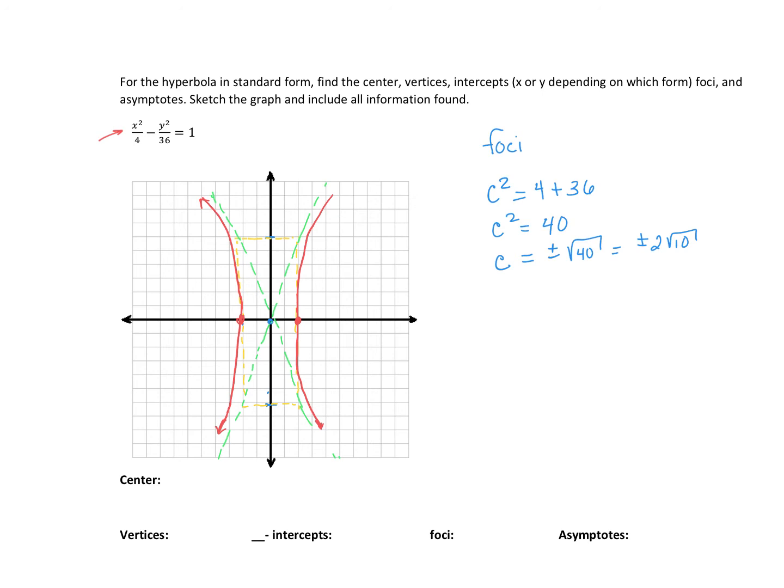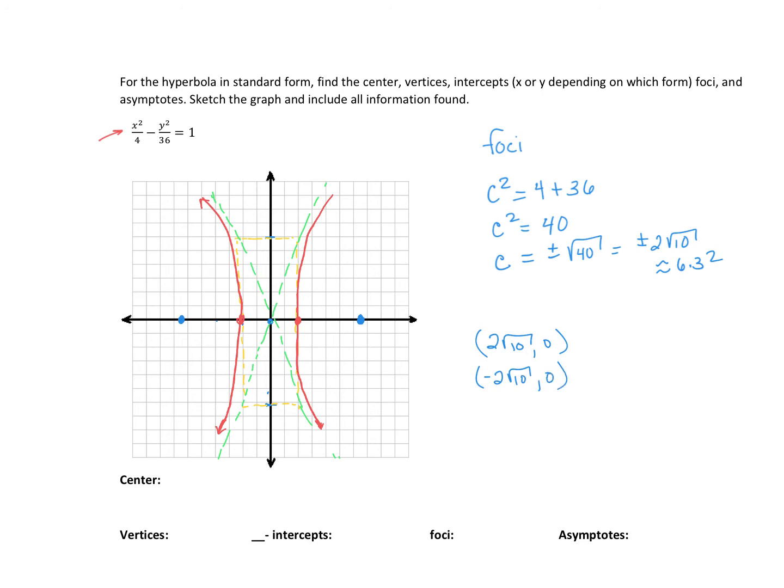And the square root of 40 is about 6.32. So we can say that our foci are here and here. If you wanted to know what these were, it's going to be 2 root 10, comma 0, and minus 2 root 10, comma 0.